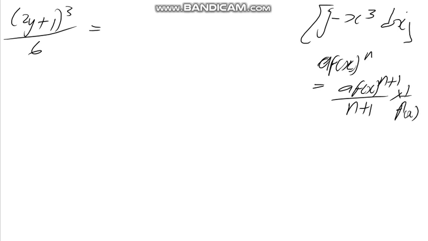In this case, f prime of x will be 1. That's why they normally don't show it. Your f of x is x, and n is 3. So you're going to have minus x to the power 4 over 4. Then I told you to put plus c on the side.